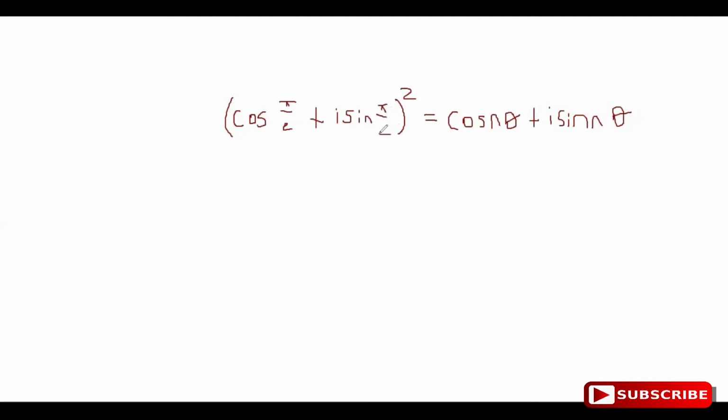And so now it becomes cosine of n theta, which is 2 times pi by 2. 2 times pi by 2 is pi.